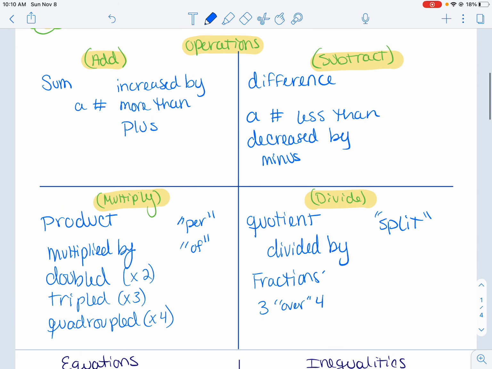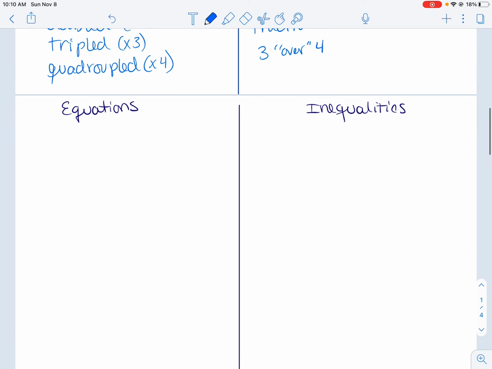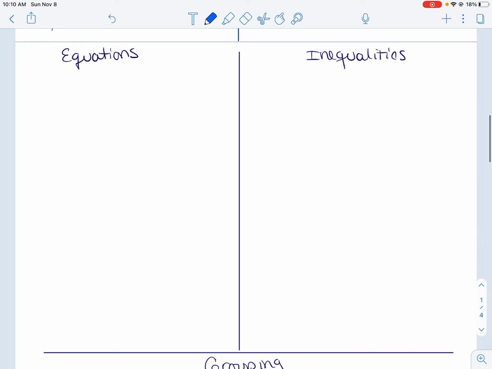So those are the 4 main operations: add, subtract, multiply, and divide. We want to be able to translate those. Today we're just really going to focus on expressions, but I want to also give you a few words for equations and inequalities. When we're translating an equation, that means we need something equal.